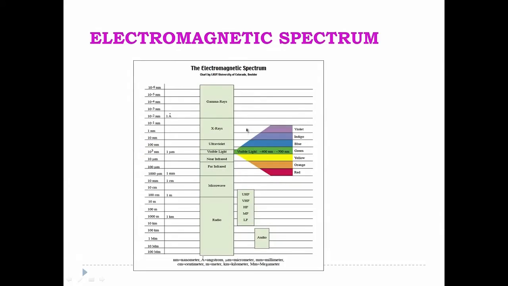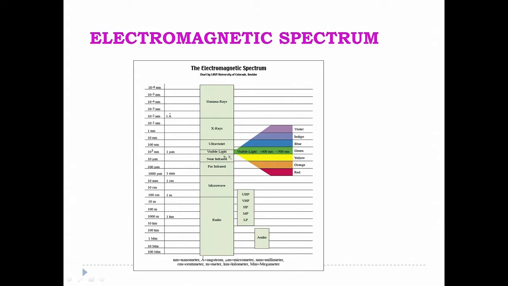So, we are all very familiar with most of these radiations, except gamma rays. You may not come across them in day to day life, but X-rays are used in medicine, and ultraviolet is used in sunscreen lotions and things like that. Visible light, of course, I do not have to explain to you.